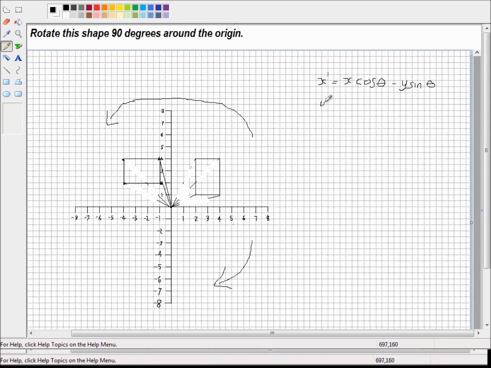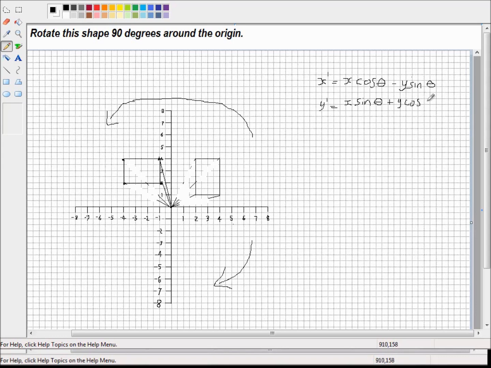And the y-coordinate of the image is equal to the x-coordinate of the object times the sine of the angle of rotation, remember, positive angle of rotation is counterclockwise, plus the y-coordinate of the object times the cosine.